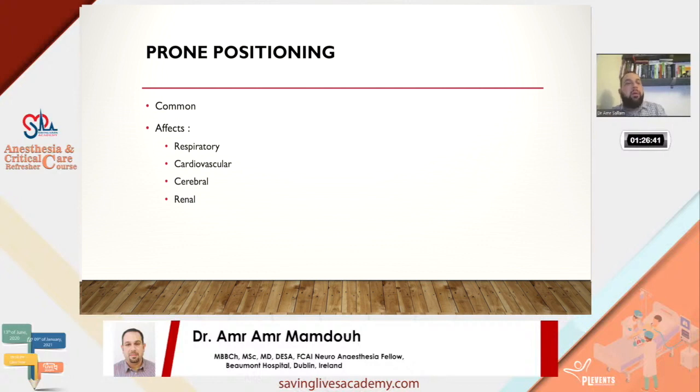We are aware, all of us, about the respiratory effect and its outcome and improvement of the VQ matching, helping with the ARDS and all of that. And the pathophysiology is a little bit tricky. We were depending on the gravitational theory that explains the improvement, which suggests the blood flow favors going to the dependent area, which is a better irrigated area now.